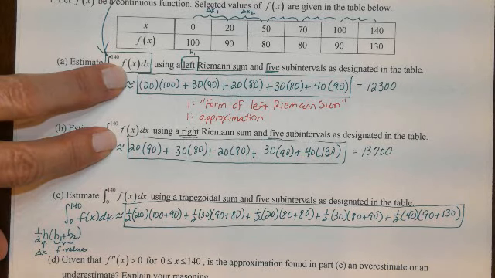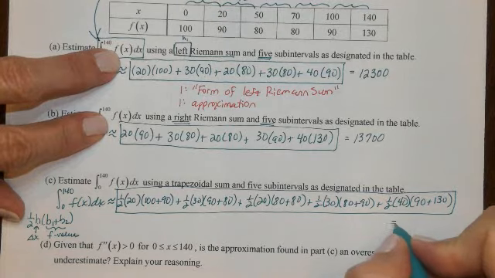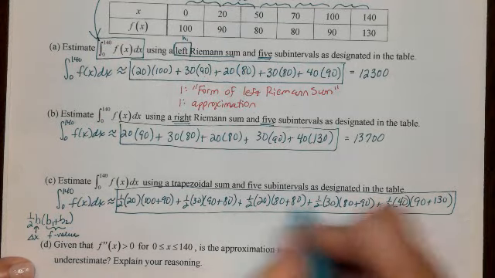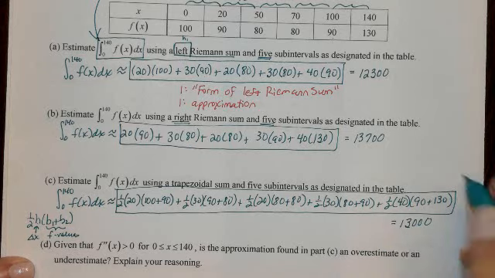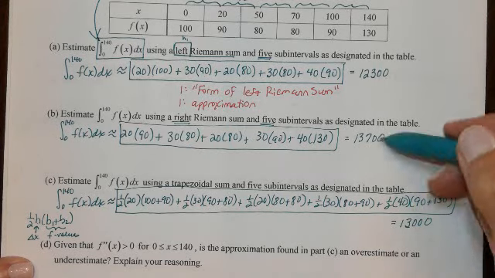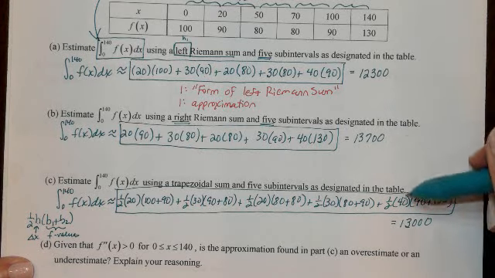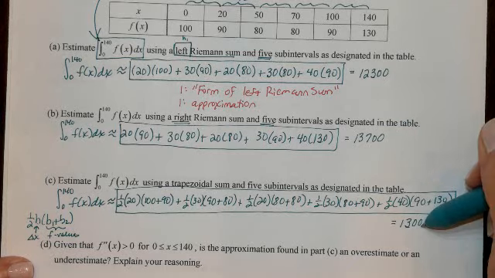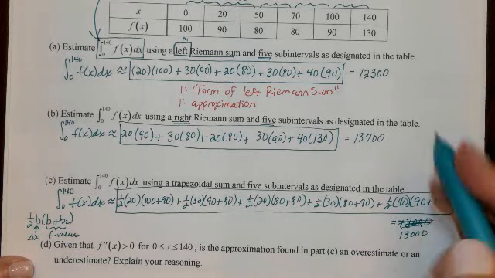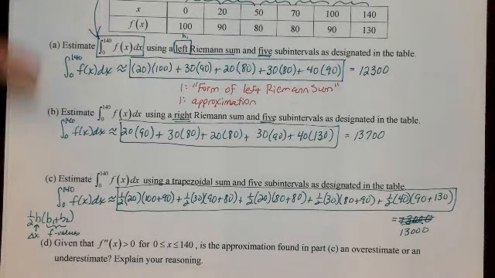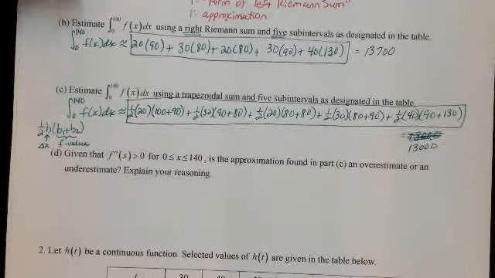Okay? And if we multiplied all that together and added it all up, we would get 13,000, which is indeed, you can quickly look at that, it is absolutely the average of the left and right Riemann sums. Okay?